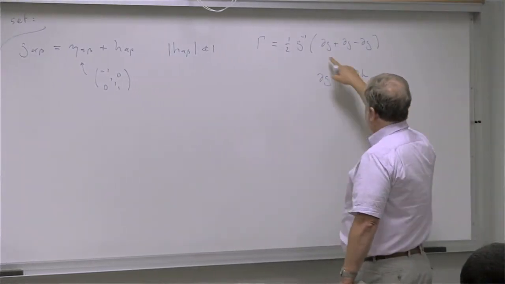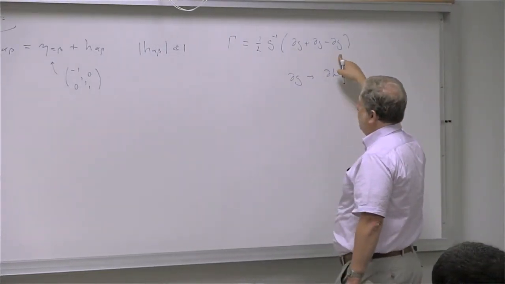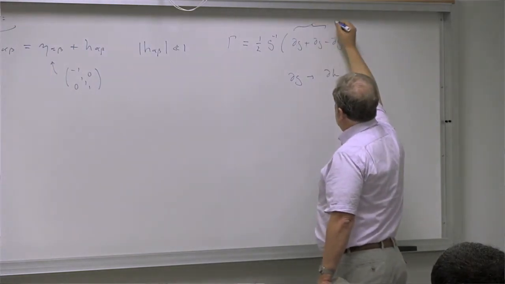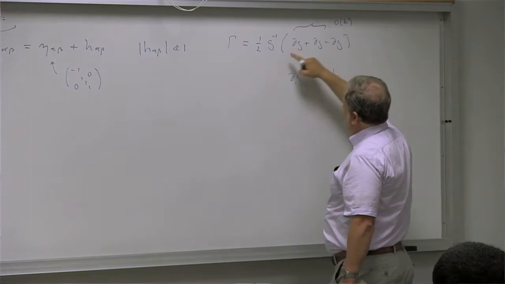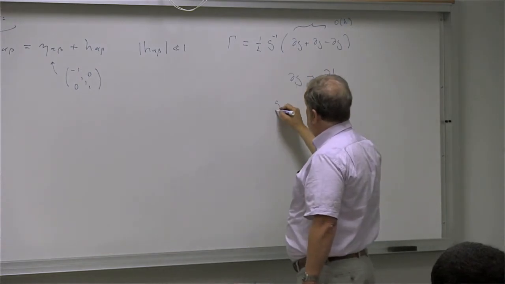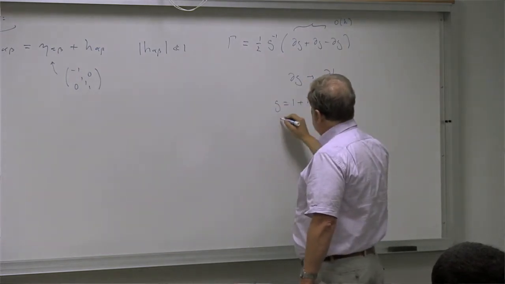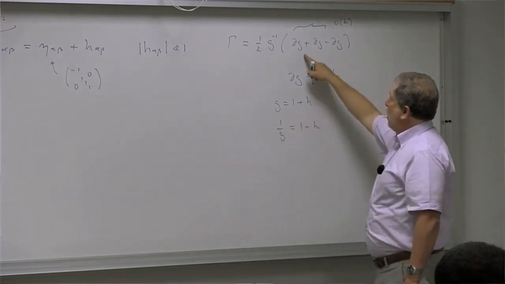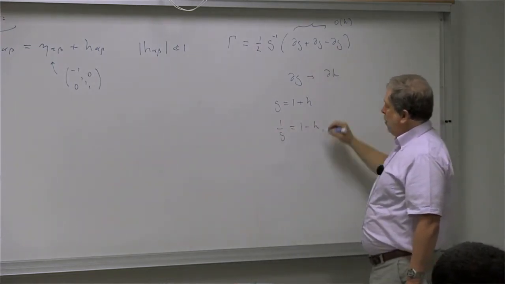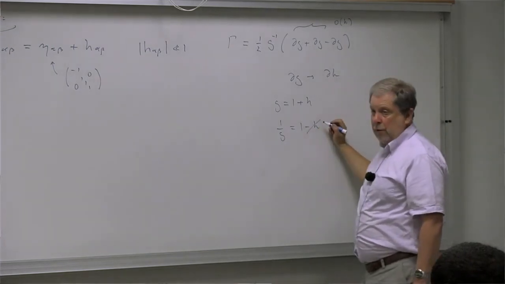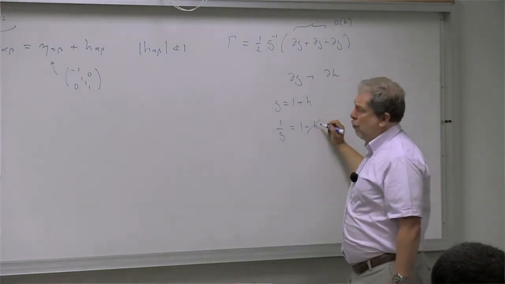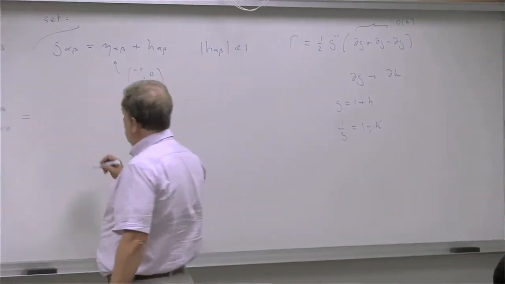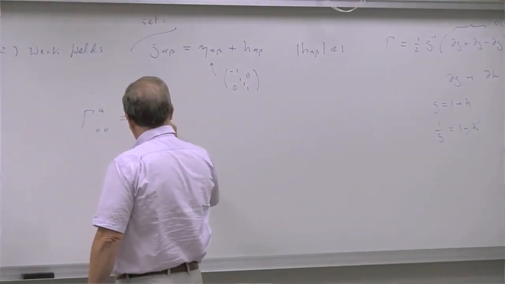So you get a derivative of h, and there are going to be 3 derivatives of h here, and that is already of order h. And in the g inverse, if g is 1 plus h, then 1 over g is 1 minus h. We already have terms which are of order h, so we don't need to worry about the terms of order h when you take the inverse of the metric, so we can just use the flat one.